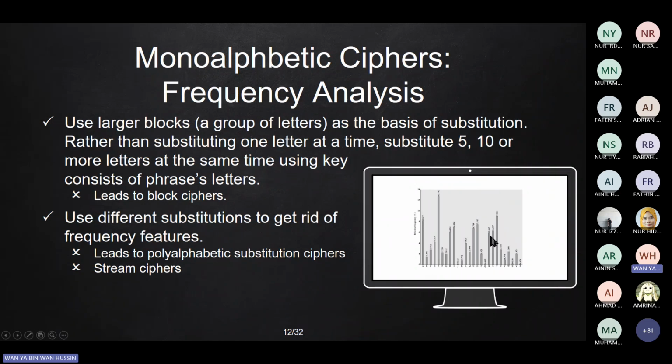Every single substitution will be divided by 4 because we have 4 substitution rules. So if we want to apply frequency analysis, it's a bit difficult to do.